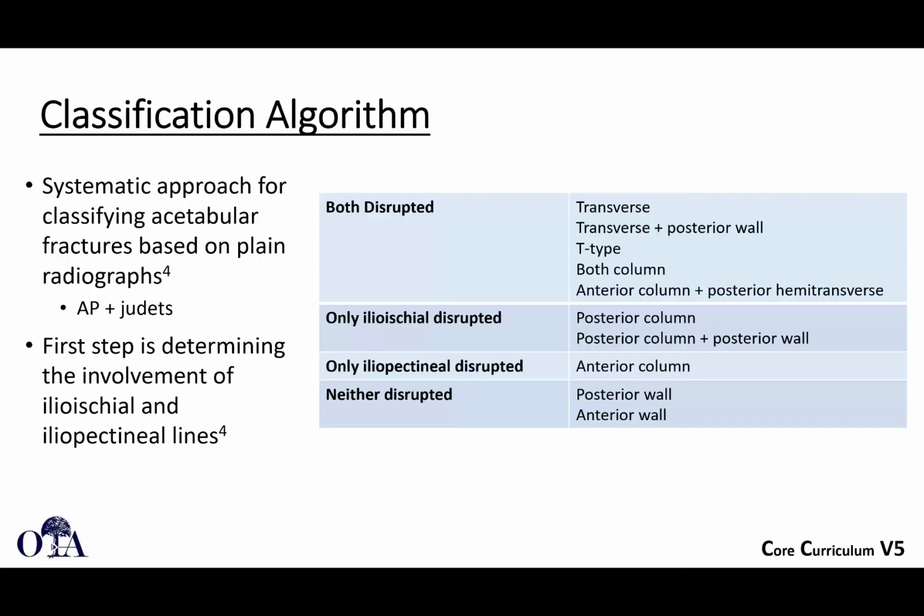If they're both disrupted, you probably have one of those fracture types on top. And if only the ilioischial line is disrupted, then it's probably something involving the posterior column. If it's only the iliopectineal line, it's probably an anterior column fracture, and so on.